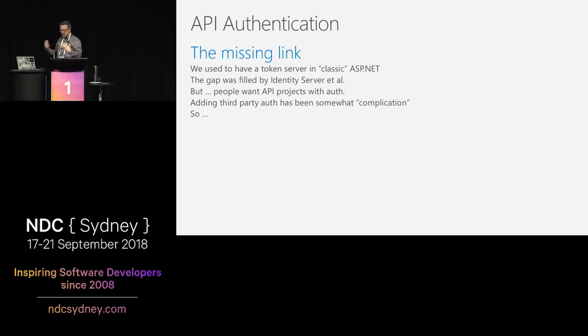IdentityServer being the one that springs to mind, mainly because I have their sticker on my laptop. And so that option went away, and everybody said, I have an API and I want to add authentication to it. What do I do? And I'm like, use JWT Bearer. And the answer was, OK, how do I get a JWT bearer token? I'm like, you're on your own with that one. Which is not a good story according to management. They would like us to not tell customers they're on their own.